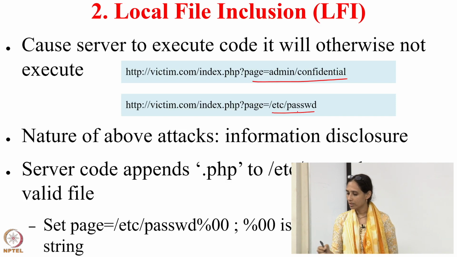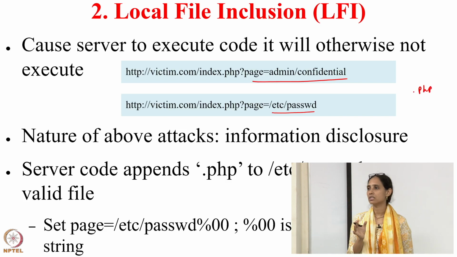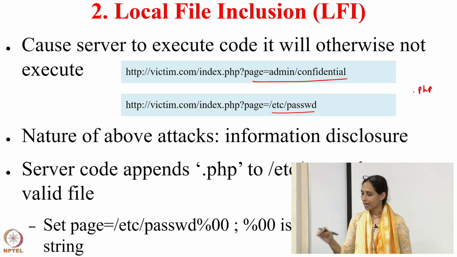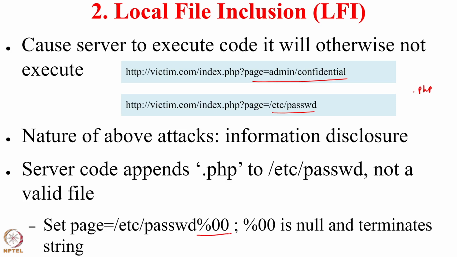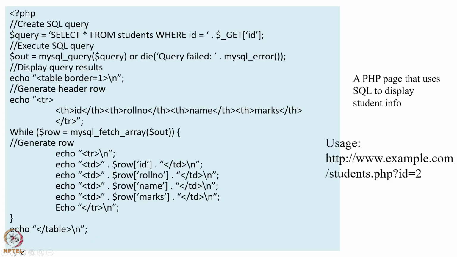So, for example, in this case passwords are stored in here. But as you can see earlier, if you type something like that, it will put password.php and it will not find any file called /etc/password.php. So, in order to avoid adding that .php, oftentimes you will add this, which is a null character, and it will terminate that string. I do not know if people have understood this, so let me show here.